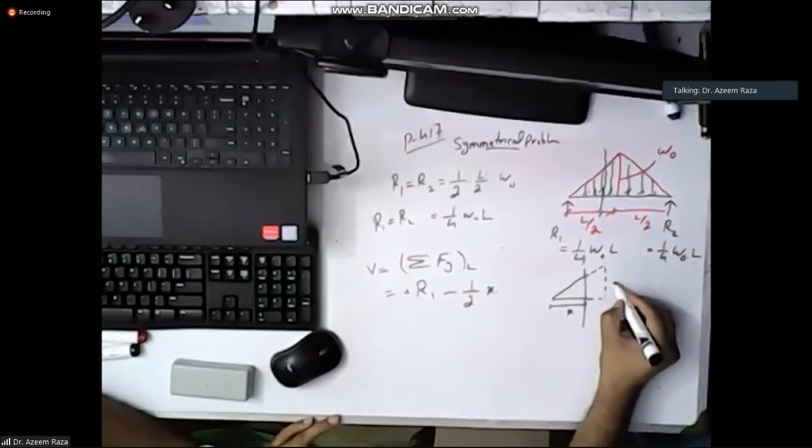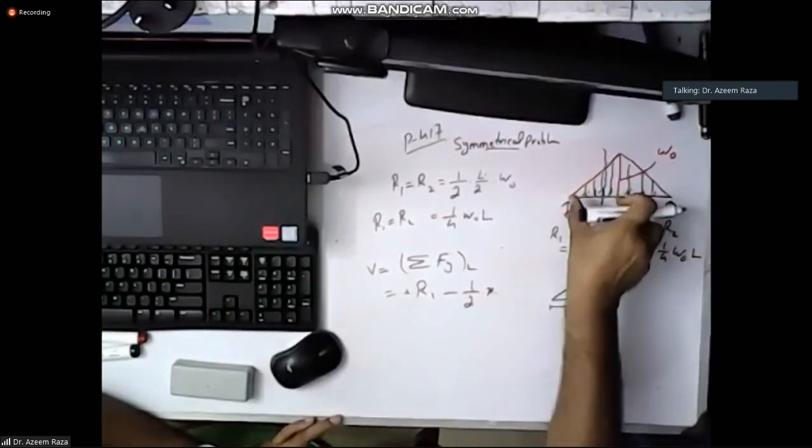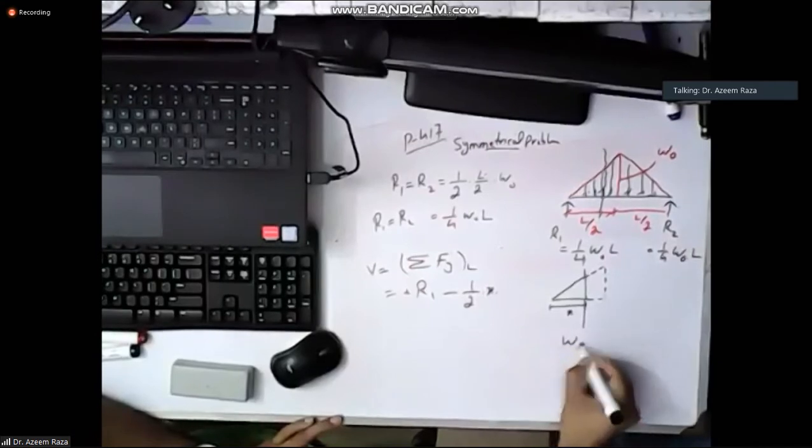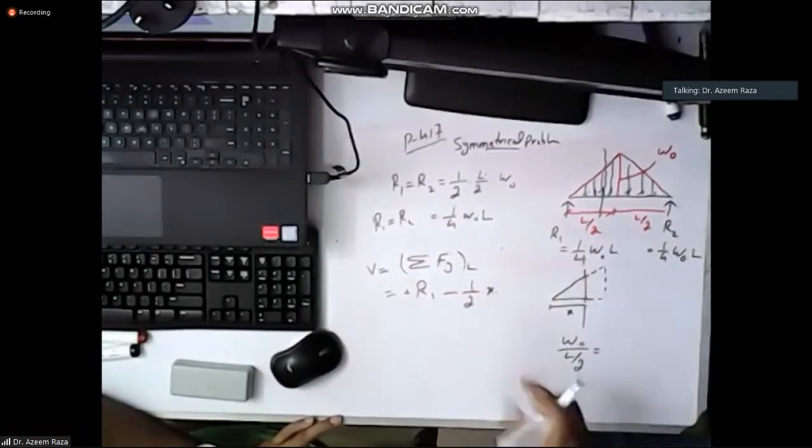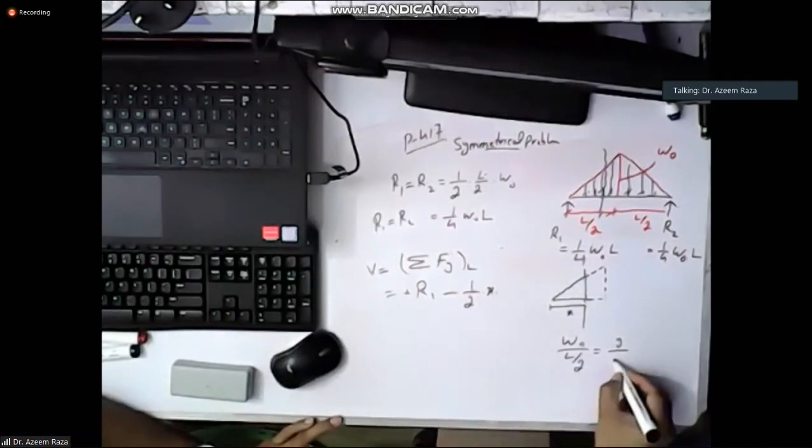Using a larger triangle, the ratio of the larger triangle is W naught over L by 2. This must be equal to the ratio of this smaller triangle, which is y over x.